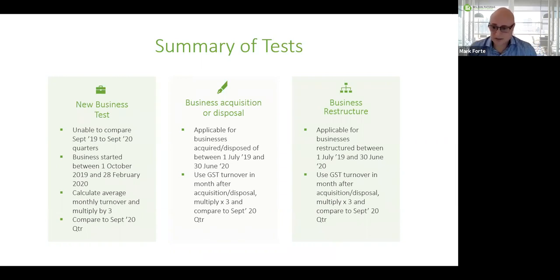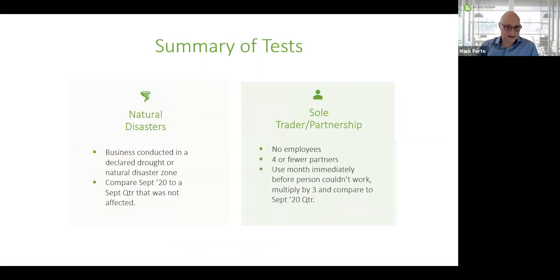The business restructure is pretty much a similar type of test. So basically, you use your GST turnover in the month after restructure, multiplied by 3, and compared to the September 2020 quarter. Just go to the next slide. Natural disasters. So the business was conducted in a declared drought or natural disaster zone.